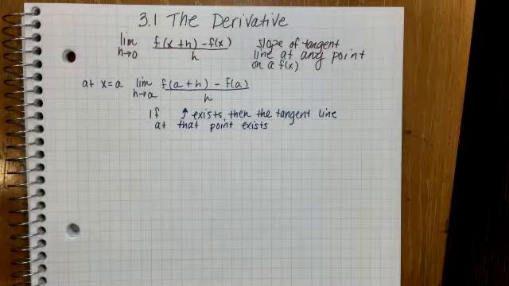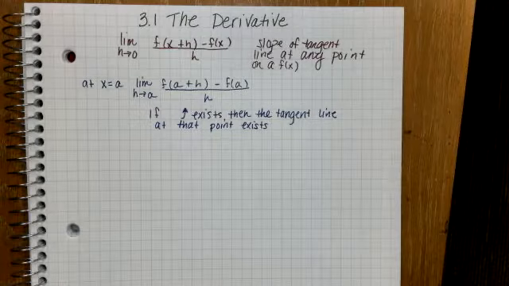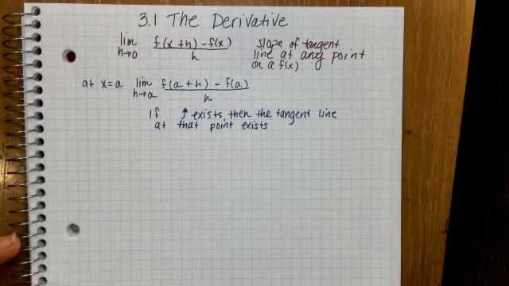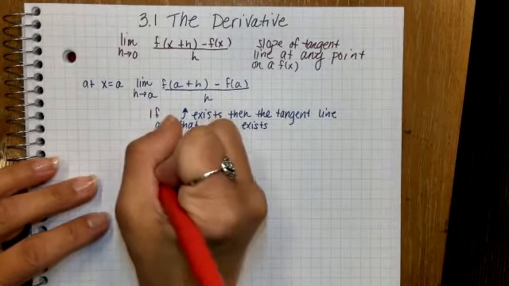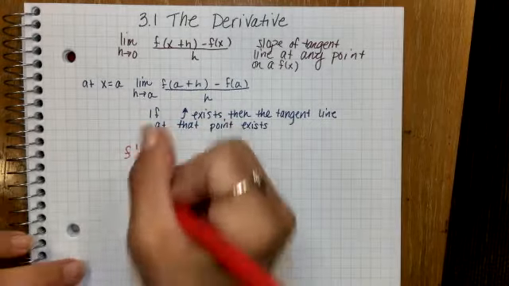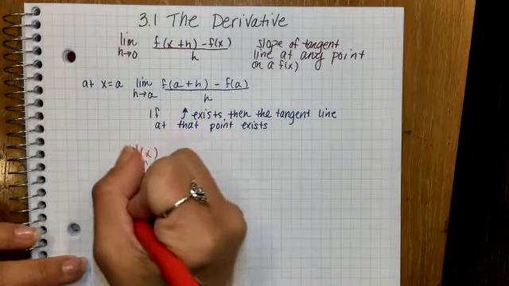Well, guess what? This is a derivative. The derivative is just a fancy name for the slope of a tangent line at a specific point on a graph. And the derivative, you're going to hear it called f prime of x.